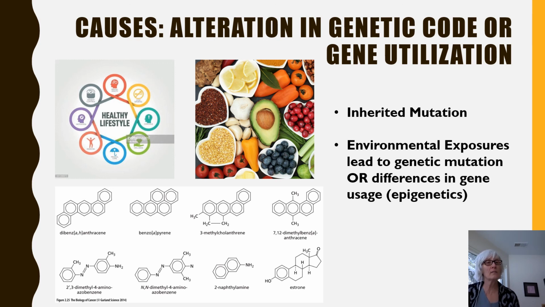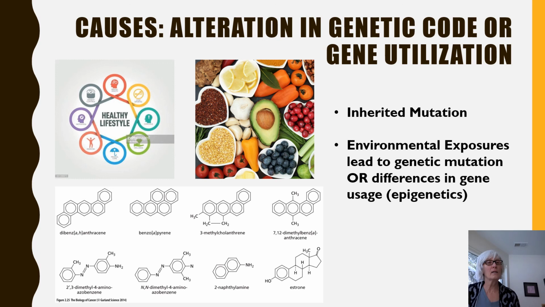Inheriting a single DNA mutation only very, very rarely will result in the development of cancer. Exposure to environmental mutagens, so things that change the DNA sequence, is very often associated with the development of cancer.